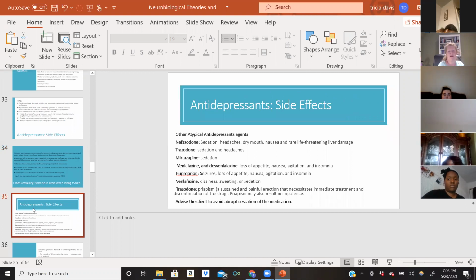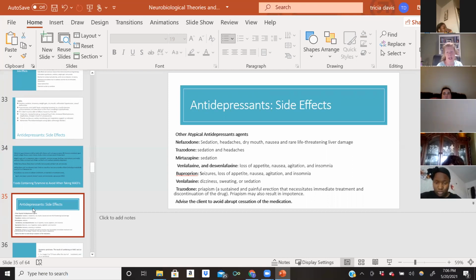All right, so the other atypical antidepressants that we are going to talk about, we have nefazodone, which is going to cause sedation, headaches, dry mouth, nausea, and it can also, in some rare circumstances, cause life-threatening liver damage. We have trazodone, which is going to cause sedation and headache.